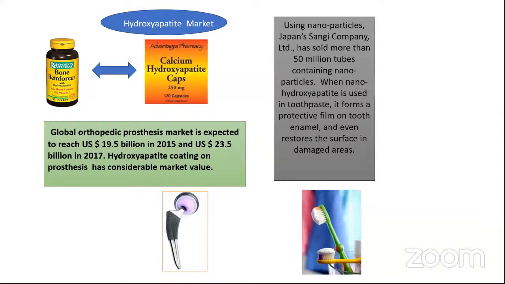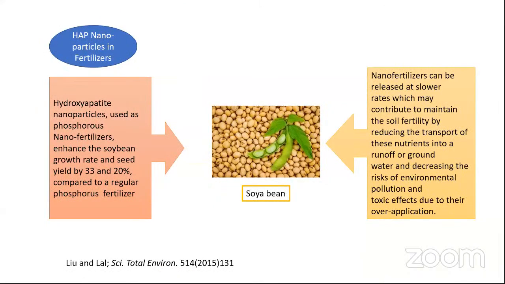Another aspect of nanohydroxyapatite is in fertilizer. Hydroxyapatite nanoparticles are used as a phosphorus nanofertilizer. It enhances soybean growth rate and seed yield by 33 to 20% compared to the regular phosphorus fertilizer. So it is used as a part of the fertilizer.